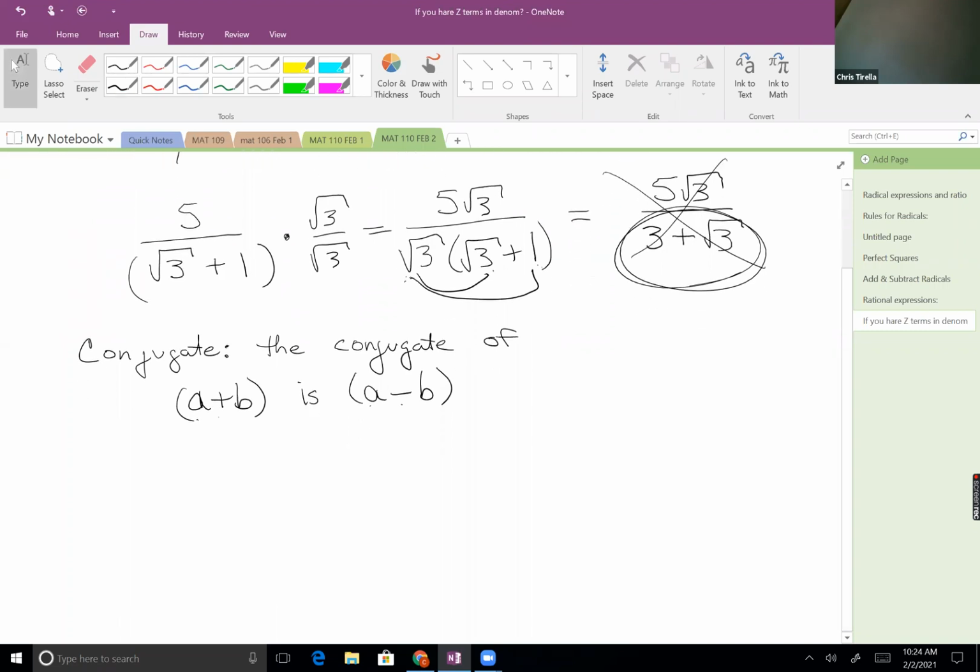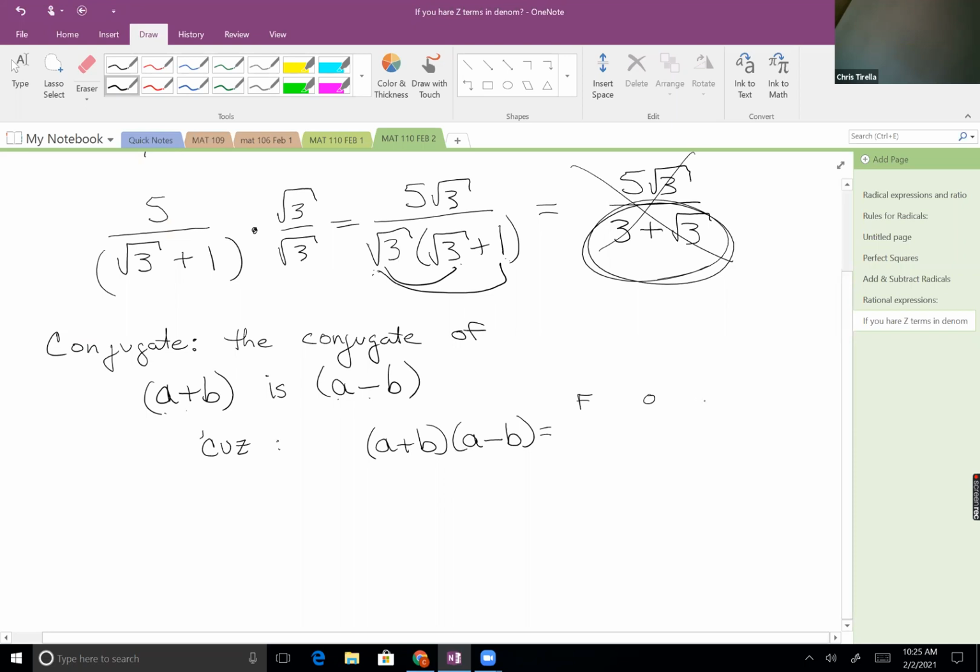And that's important because, can anybody remember, I know we haven't really multiplied binomials yet, but can anybody remember at all in a previous algebra class taking a product, multiplying something like A plus B times A minus B? The FOIL method. Sure. And so if I use that FOIL method, first, A times A is A squared.